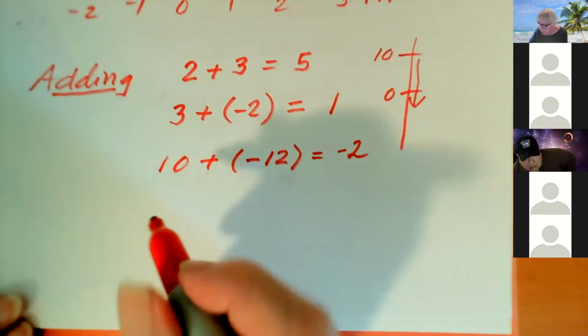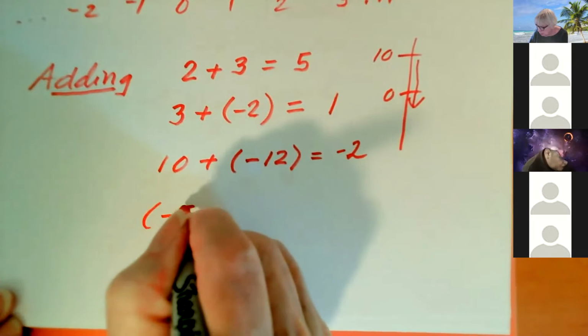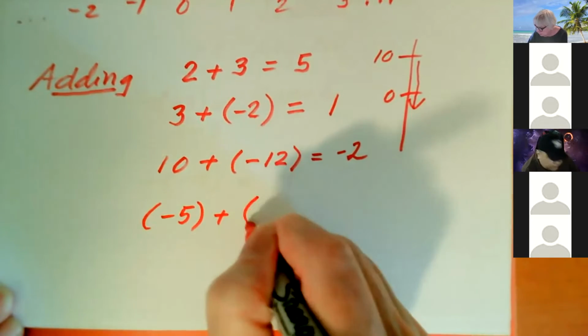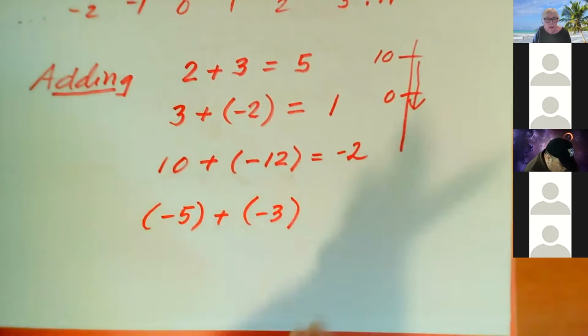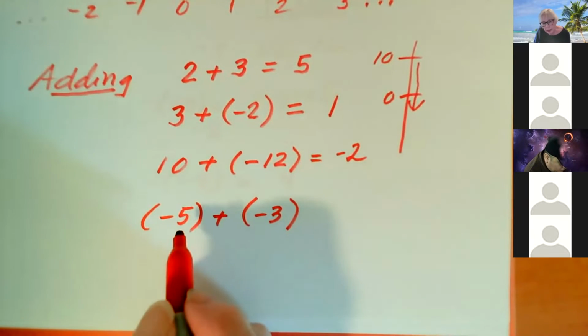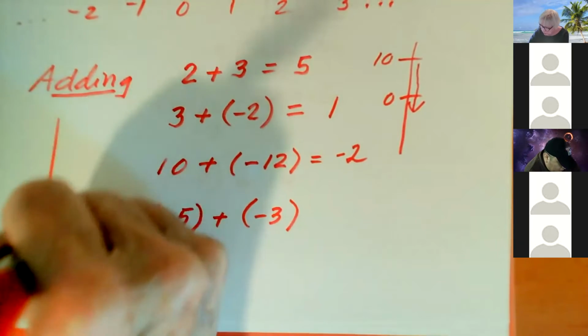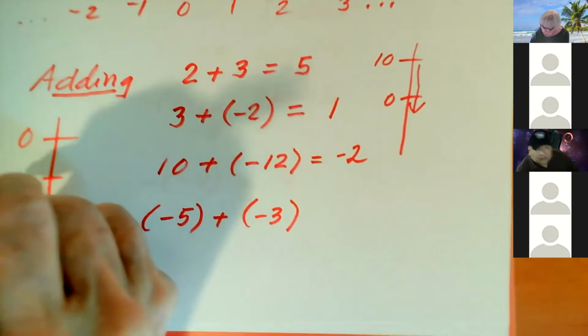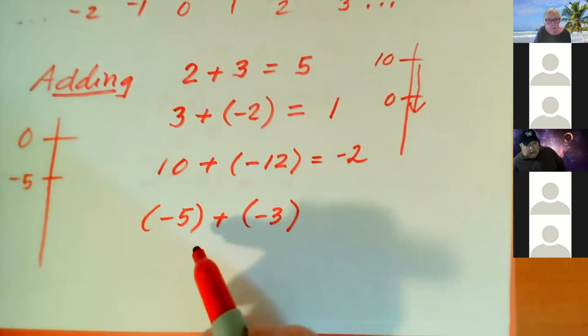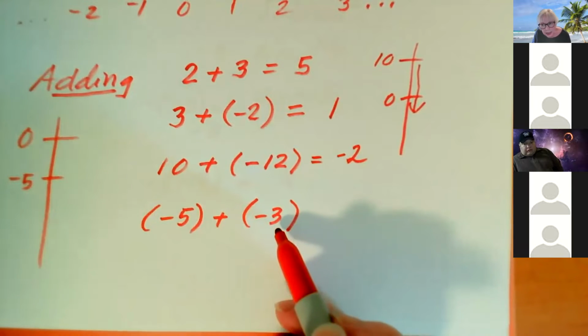So the last one is this, and this works really well with temperature. If you had a temperature starting out of -5, so here's 0 and here's -5. But then this is indicating that the temperature drops some more.